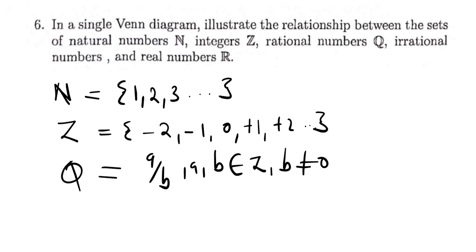Then we've got real numbers. But first, before we talk about real numbers, there's what we call irrational numbers. In simpler terms, they are disjoint from the rational numbers. They cannot be expressed in this form.